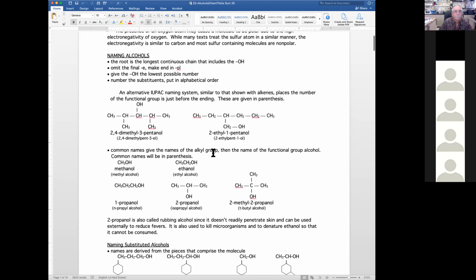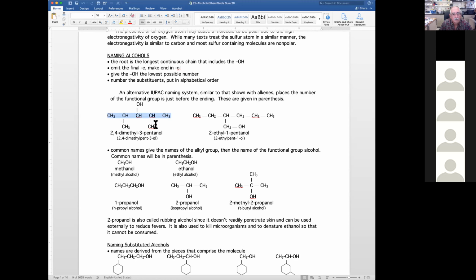So here's the alcohol group. Now we're going to name this as an alcohol. The longest continuous chain that has to include the alcohol would be 5, right? So pentanol. It would be at carbon 1, 2, 3 or 1, 2, 3, so it doesn't matter which way I go, I'm going to get 3 pentanol.